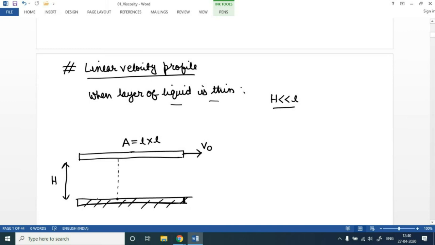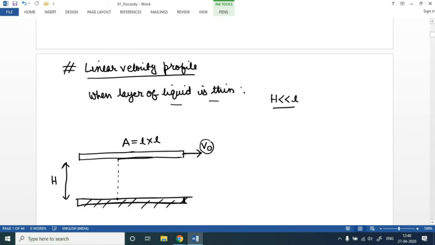The lower layer of the liquid, since it is in contact with the stationary plate, will not be moving at all, whereas the upper layer of the liquid, which is in contact with the upper plate, will be moving with the same velocity as V naught.